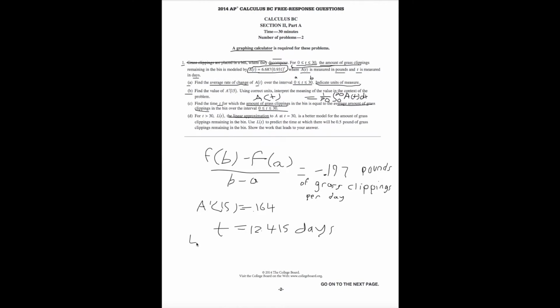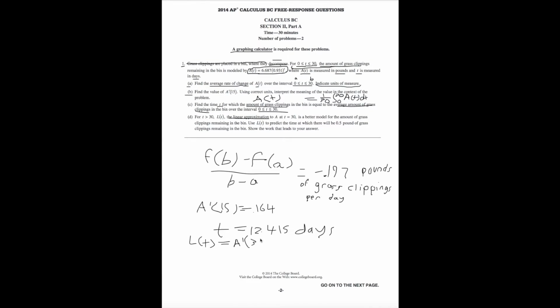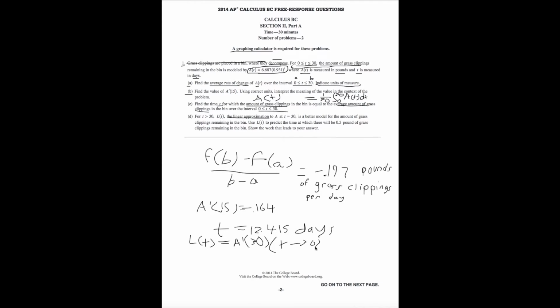So L of t equals A prime of 30, because they said at t equals 30, times t minus 30, plus A of 30.